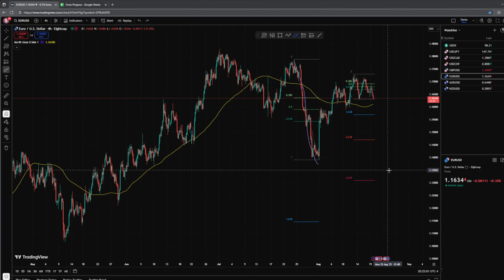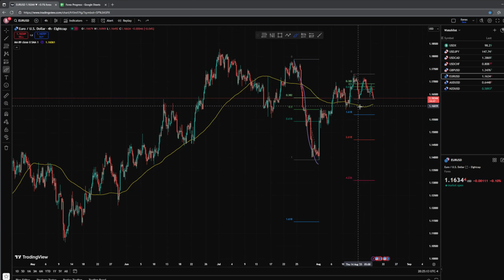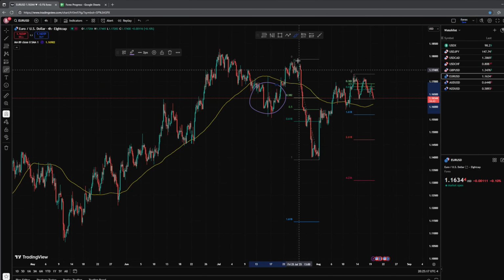My intuition is that the market is most likely to reach Fibonacci extension 4.2 here and then retrace once more, I think, because it's also possible that the market is oscillating back and forth around the yellow moving average line, right?